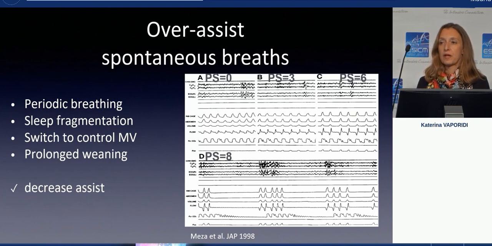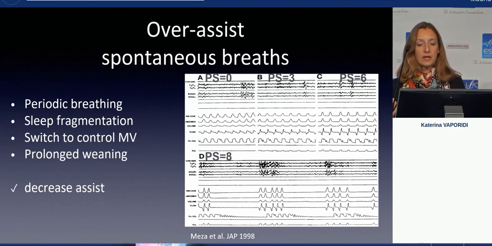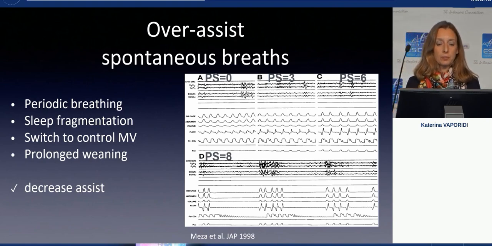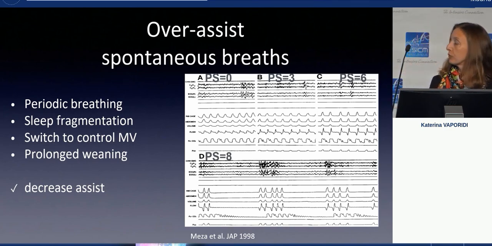Over-assisting spontaneous breath can have another important complication. By increasing assist, we decrease PCO2, and once the apneic threshold is reached, the patient may develop apneas, as nicely shown in this paper of 20 years ago. With a pressure support of 8, the patient develops apneas.